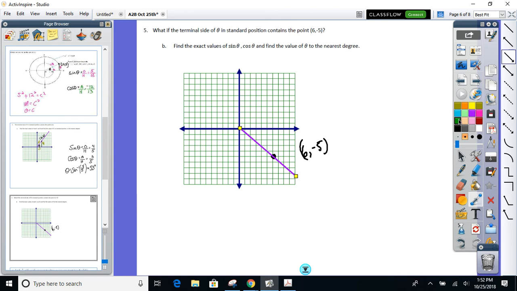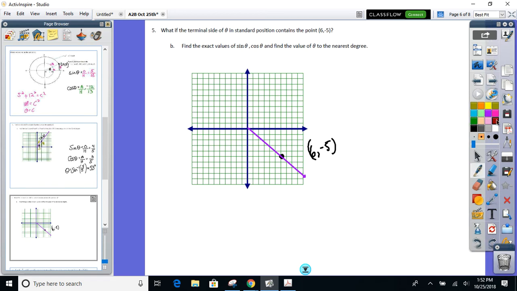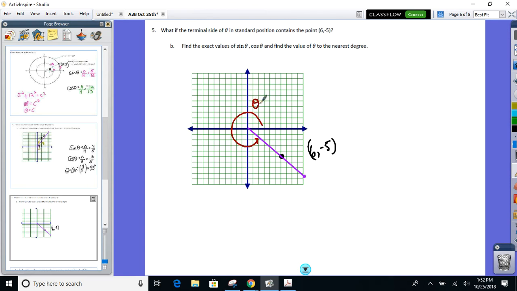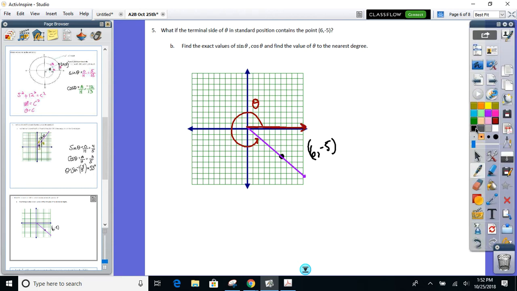So here is theta, right? Here's my angle right there, fourth quadrant. So how can I find the sine and cosine still?